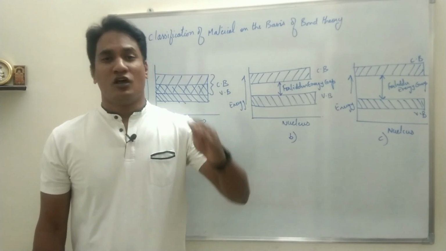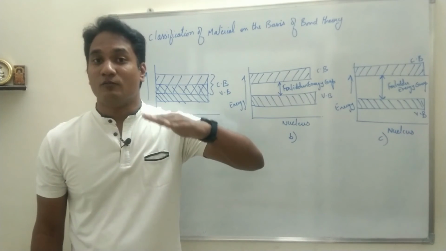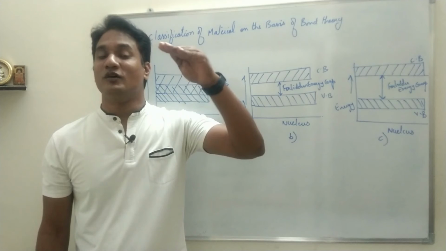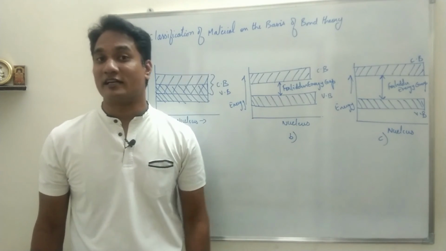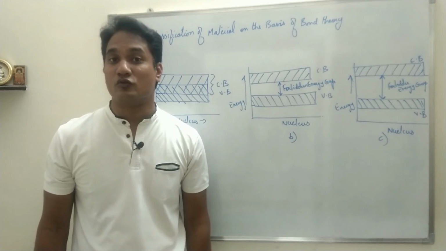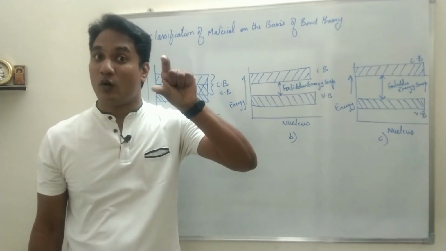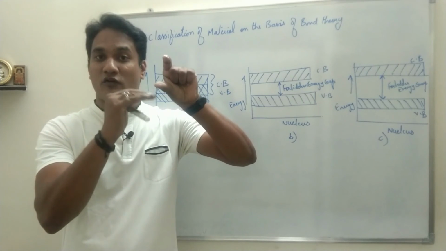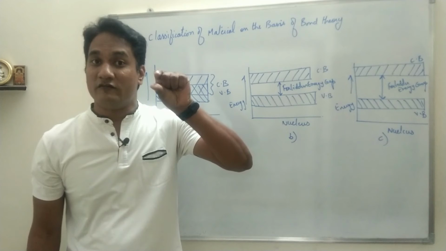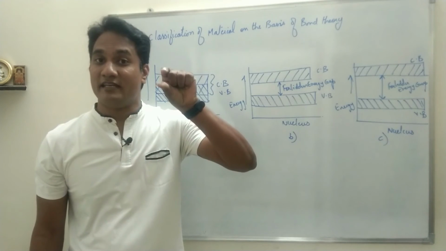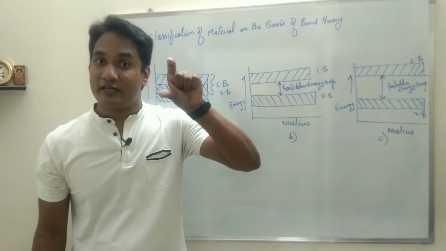No. That means whatever external energy is applied, electrons will not move from valence band to conduction band. If they are not moving, current will not flow through it. That means the energy required to move the electrons from valence to conduction band will be very high. So when we represent it by an energy gap, the gap should be more in case of an insulator.